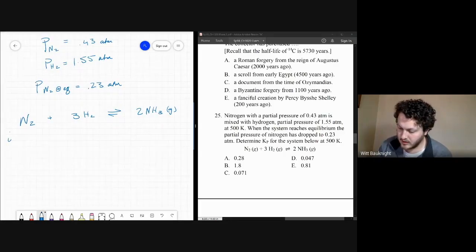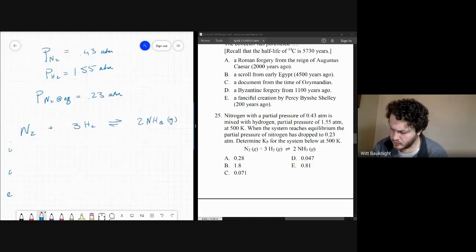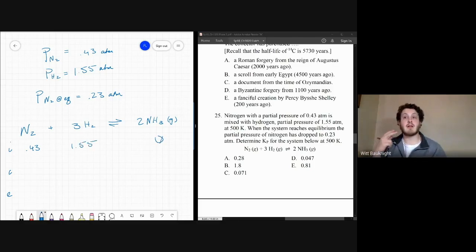So initially, we're given these initial values, 0.43, 1.55, and since we weren't told the initial amount of ammonia, we're going to assume it's 0. Well, change, we don't know it yet, but the one other thing we do know is 0.23 is right here. So we can figure out the change. Initially it had this, at equilibrium it had this. The difference is negative 0.2 atm.